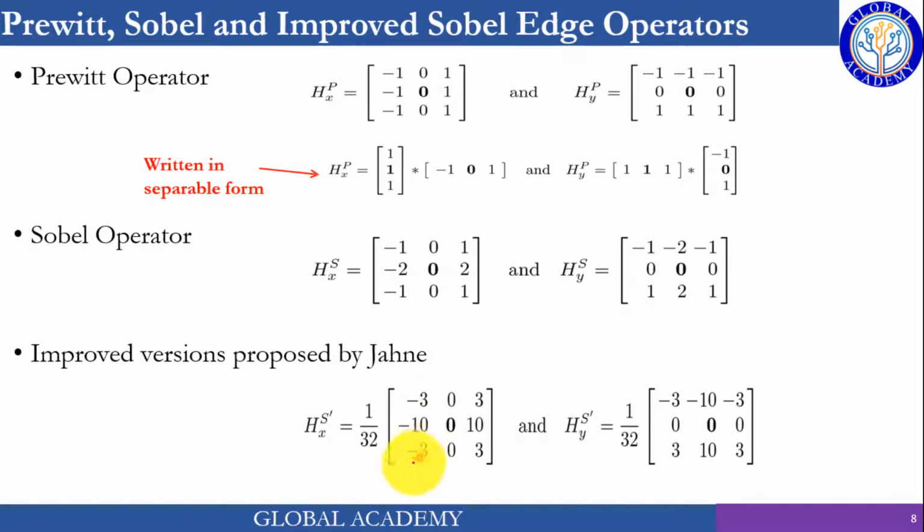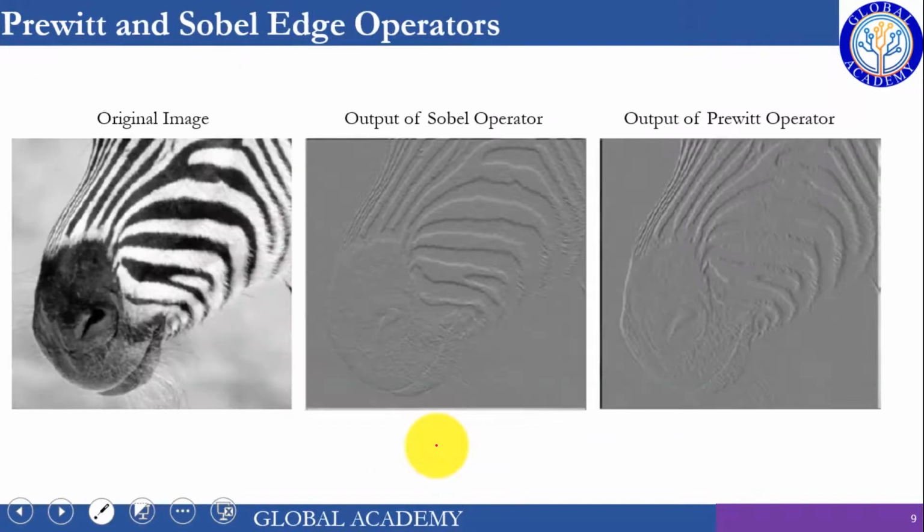So it's like a Gaussian with more variance. Now a comparison of Sobel and Prewitt operator. This is the original image, this is the output using the Sobel operator, and this is the output using the Prewitt operator. So the Sobel operator performed very well as compared to the Prewitt operator.